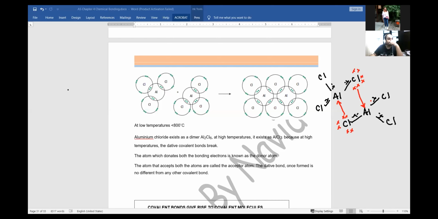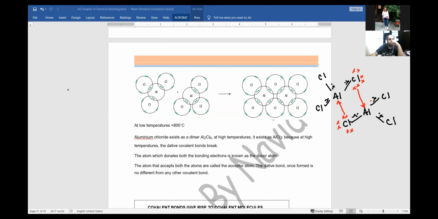Say, your question please. Why does the chlorine atom donate electrons to the aluminium?